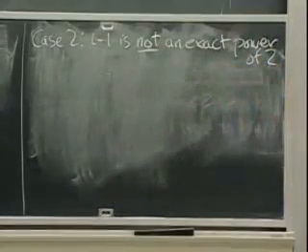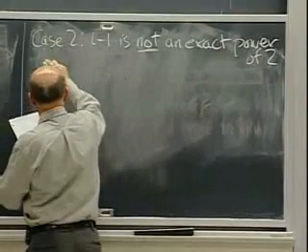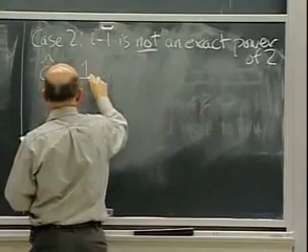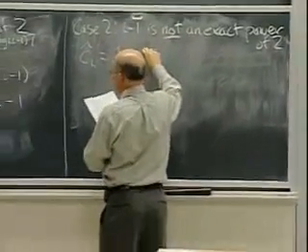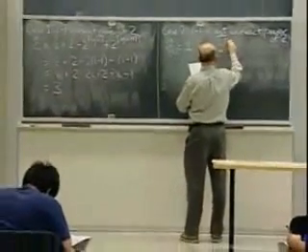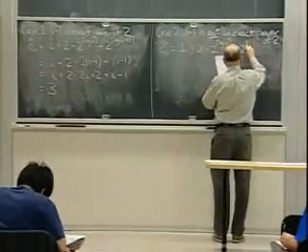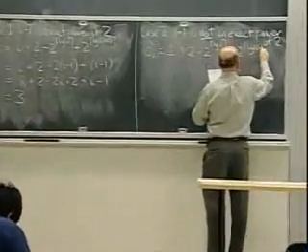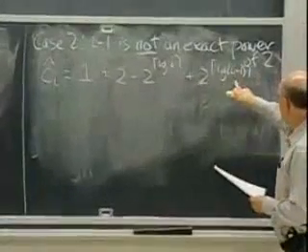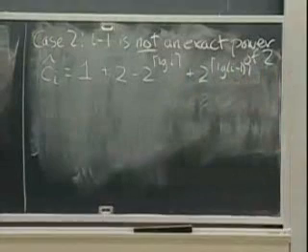Okay, i minus 1 is not an exact power of 2. So then we have C_i hat is equal to, now instead of i, it's 1 plus, and then the 2 minus 2 to the ceiling of log i plus 2 to the ceiling of log of i minus 1. Now what can somebody tell me about these two terms in the case where i minus 1 is not an exact power of 2?